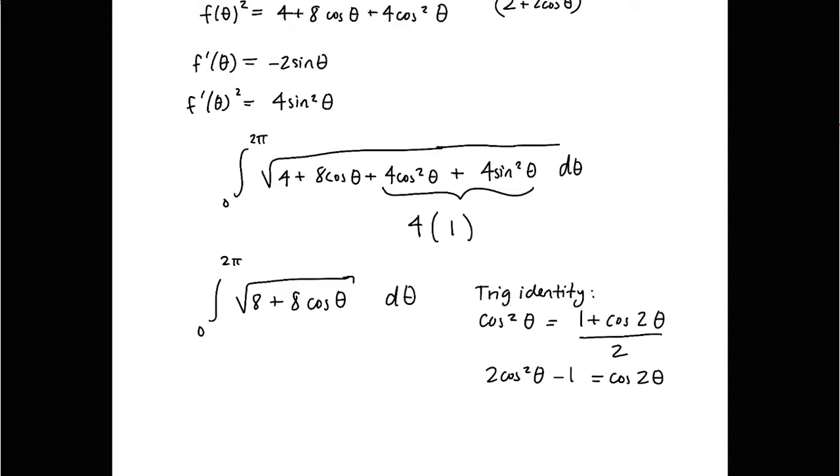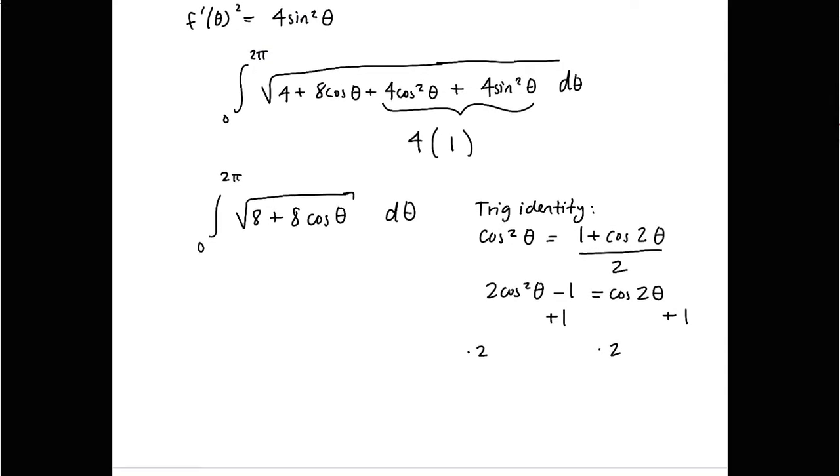And then if I add 1 to both sides and multiply by 2, I get 2 cosine of 2 theta plus 2 is equal to 4 cosine squared theta.